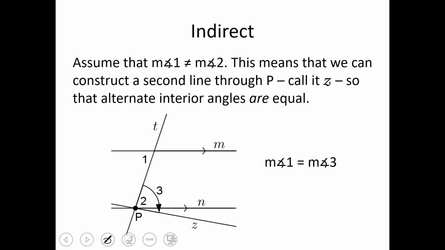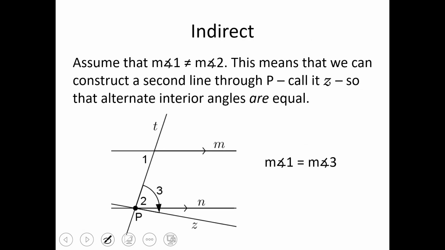That's the 3 shown in the diagram. The protractor postulate says basically that we can construct angles of whatever measure we choose. So if 2 is not equal to 1, we may construct a line through P that makes the angle 3 equal to 1.